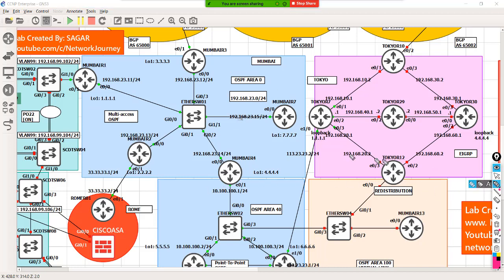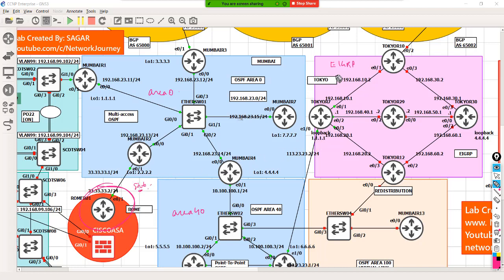So I have area 0, I have area 40, I'm taking this as EIGRP, and I'm using this Rome data center for stub, let's say.